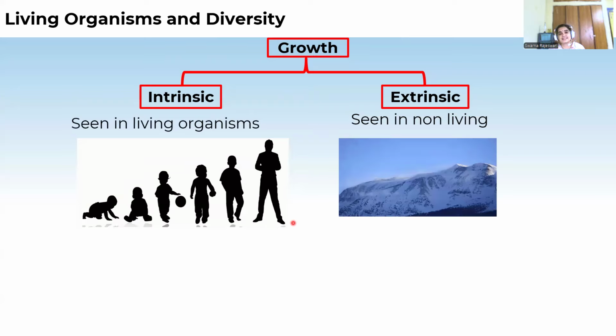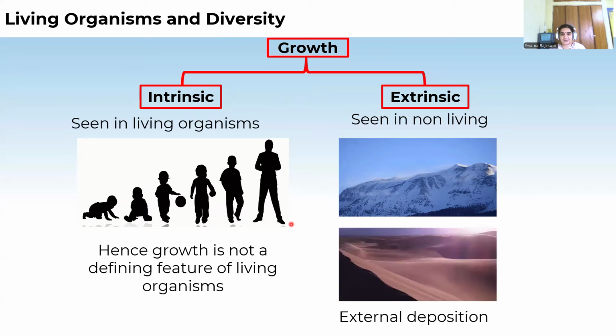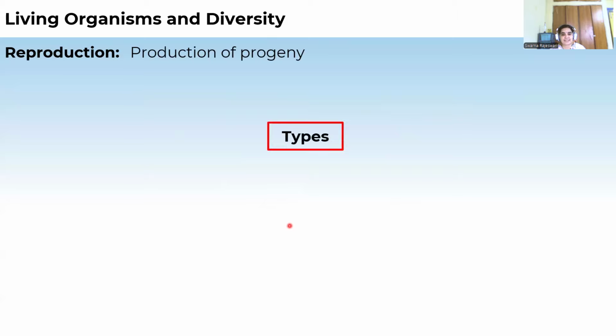There is an increase in the size of the structure, but it is not real growth, and it is not the defining character to say that the organism has life. The next thing we have discussed is reproduction, that is, production of progeny.